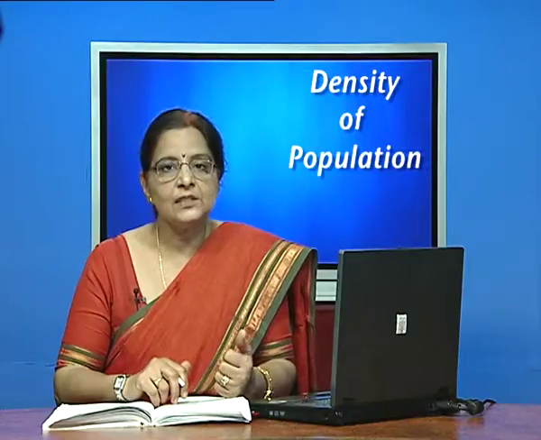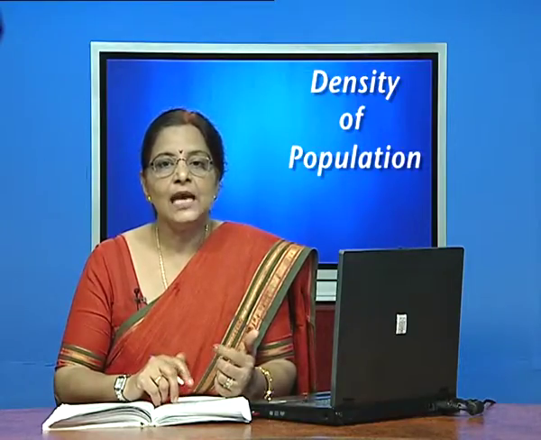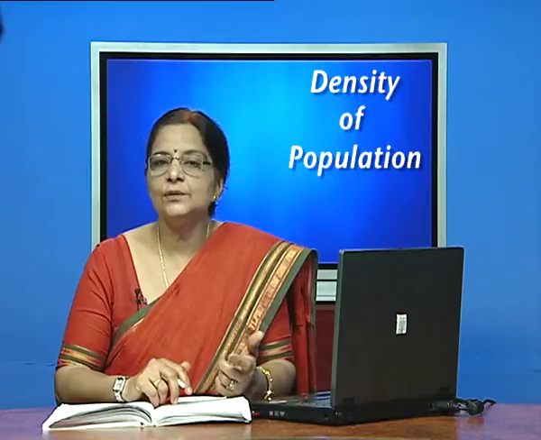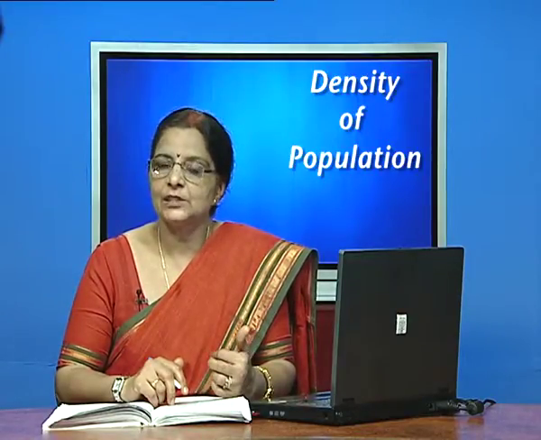Now, as we discussed earlier, there are certain factors which are responsible for the distribution of population. Likewise, there are certain factors which are responsible for the uneven distribution of density of population in the country. These factors can be the natural factors, which include the relief and the climate.